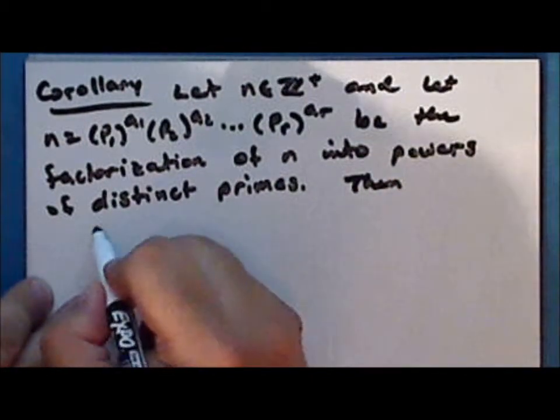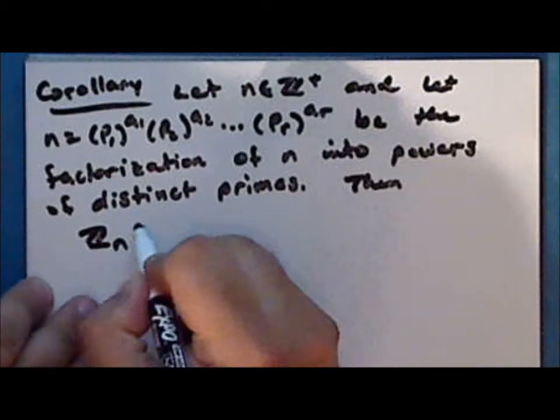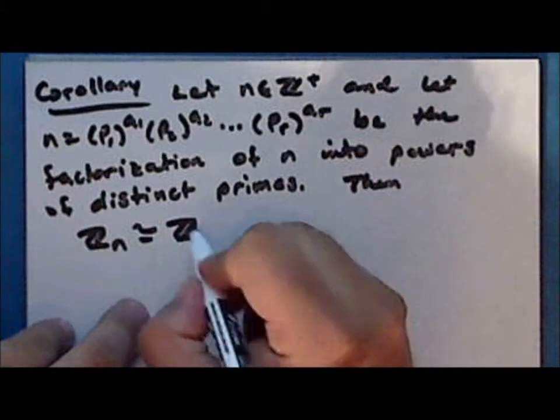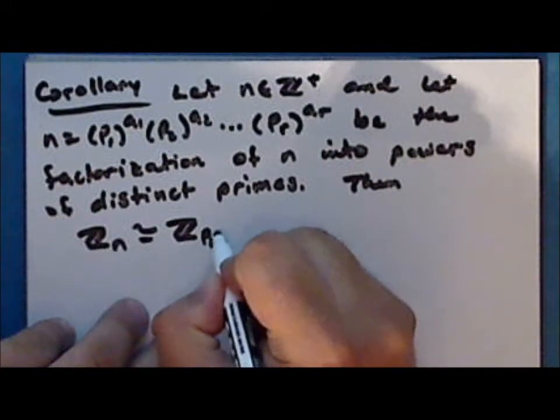Then the integers modulo n is isomorphic to the direct product of the integers modulo the powers of those primes.